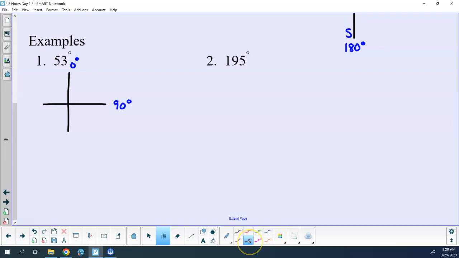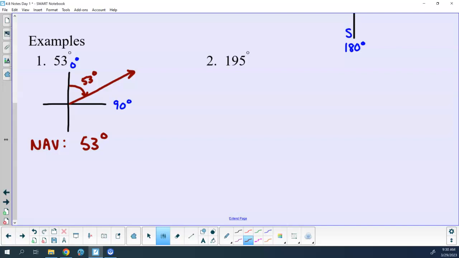So 53 degrees would be right here. So that gives me a navigation angle of 53. Agree?